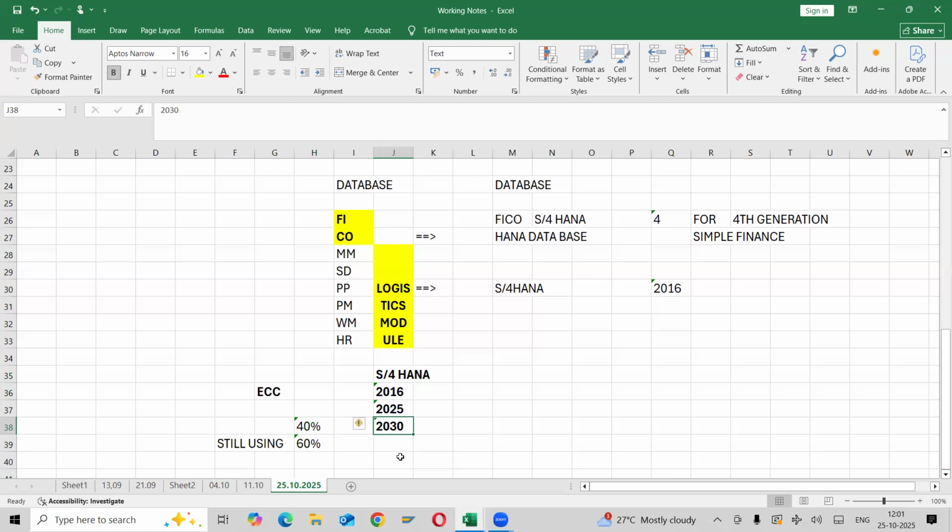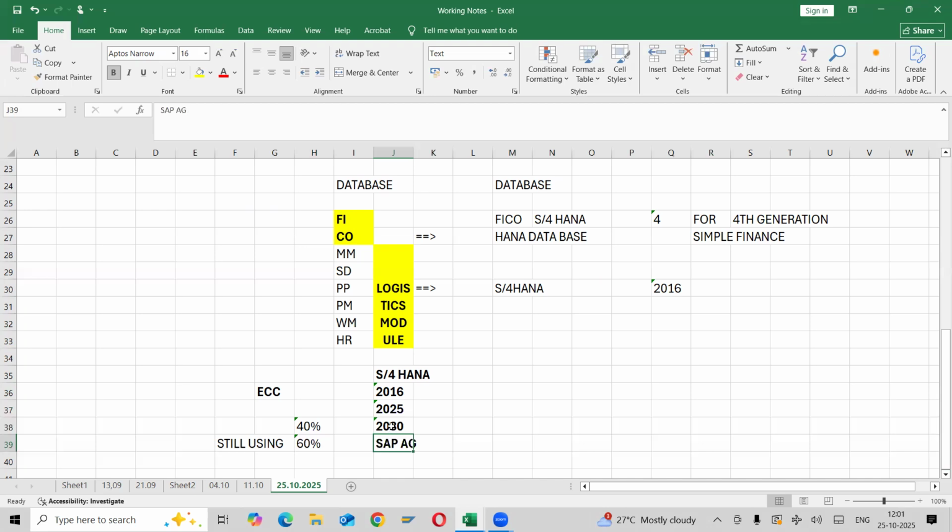So till 2030, if any migration is required from ECC to S4HANA, SAP AG will support without any charge. They only need to purchase the license, right? Whatever technical requirement is there will be supported by SAP AG without any charges.